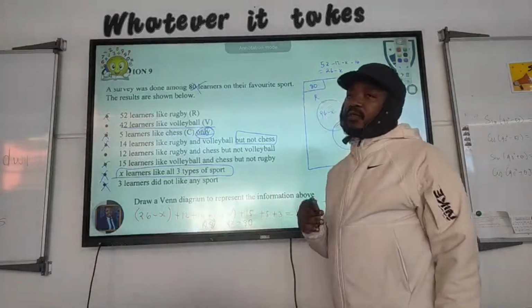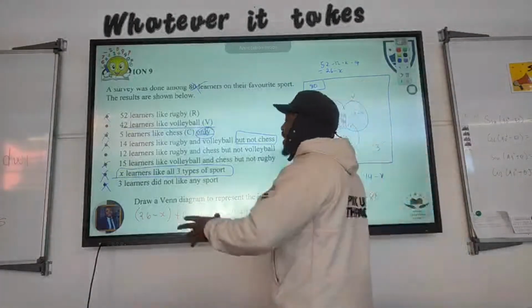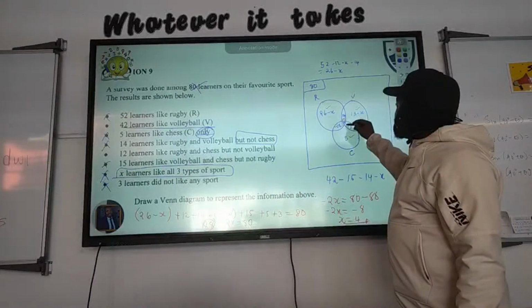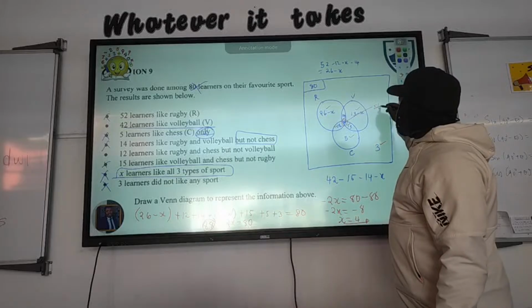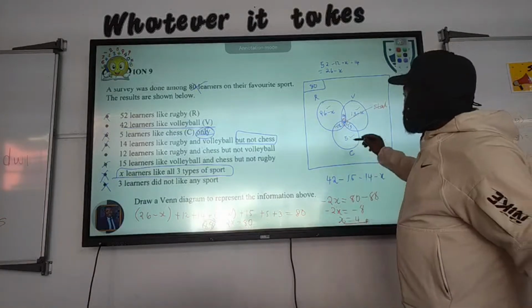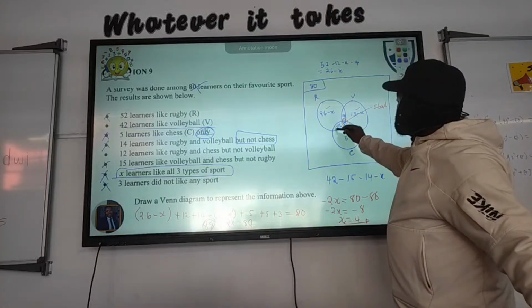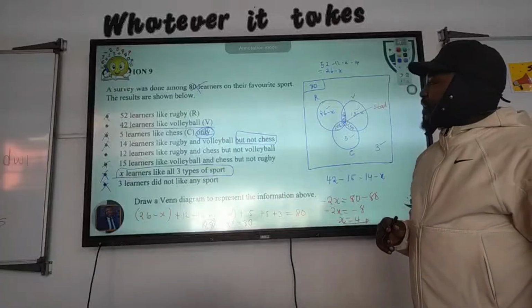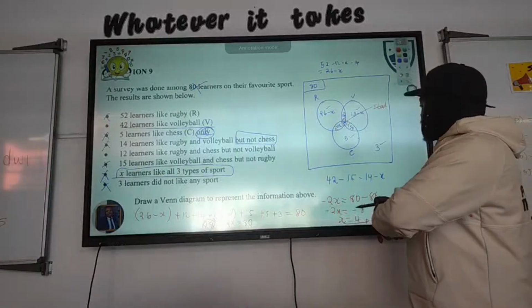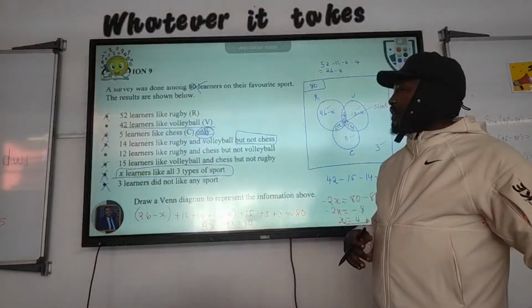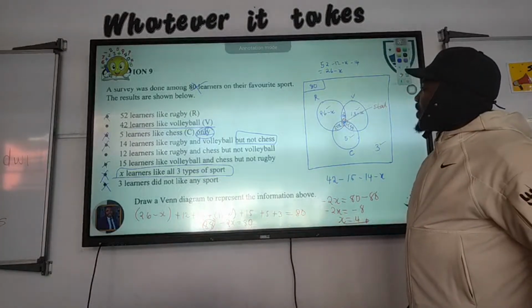If they don't give you that, then you can just place an x as a variable to make your life easy. Always start here. You must always start there. Then go to the intersections. Then go to the bigger circles. It will be much easier for you to solve that Venn diagram.